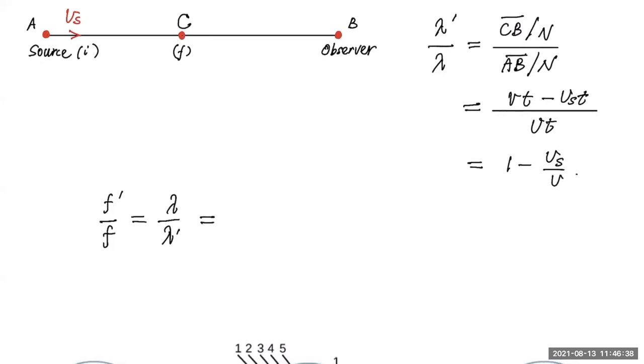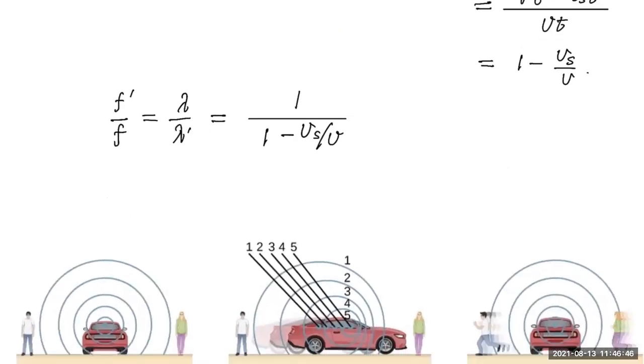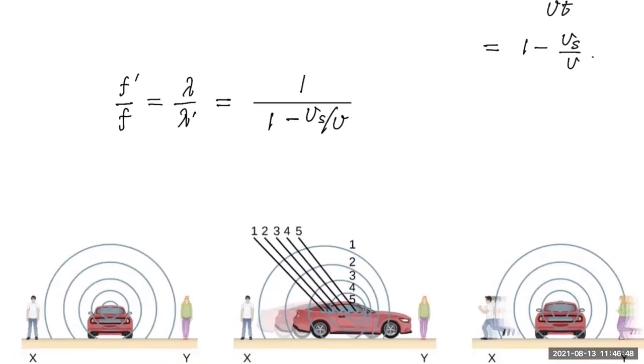So I can now write it as 1 over 1 minus v source over v. Now I'm able to find the expression for f prime: f prime equals f times 1 over 1 minus v source over v.